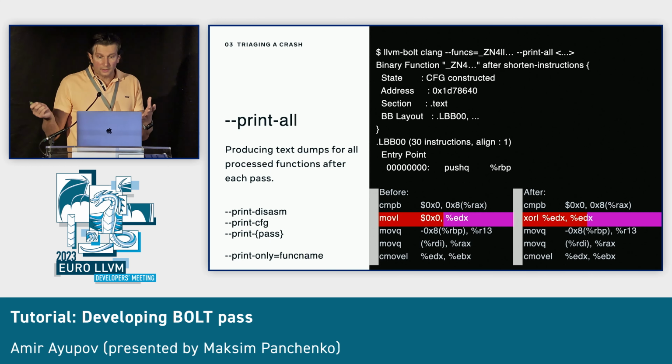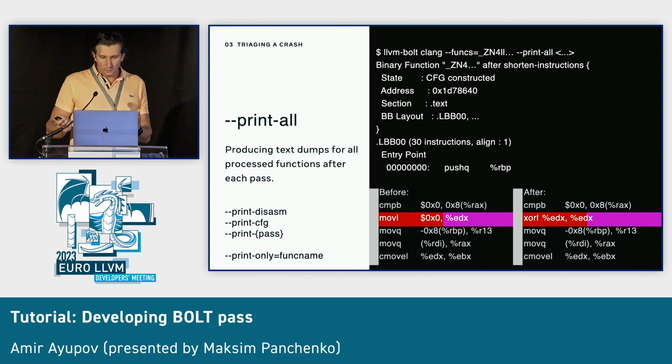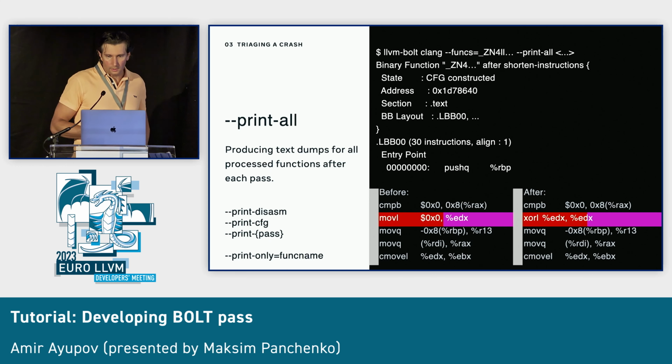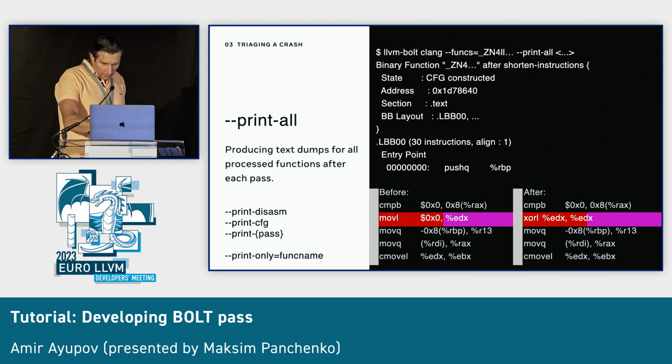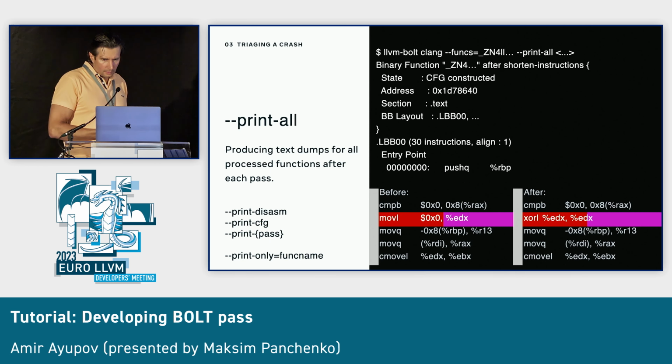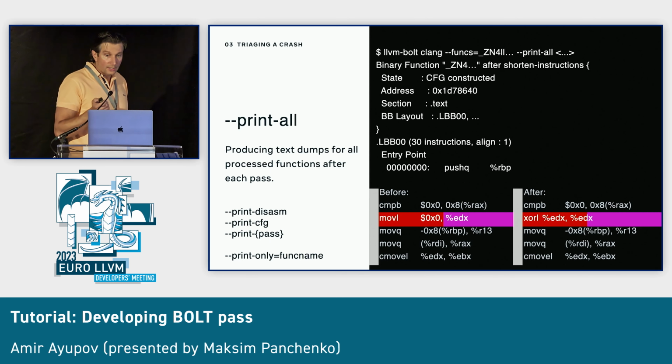And as we expected, there was a move 0 to the register, and we modified it by XORing it with itself. But as you can see, the instruction at the bottom is a conditional move, and the semantics of the instruction depends on EFLAGS.